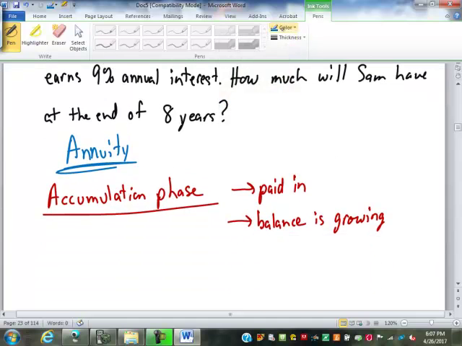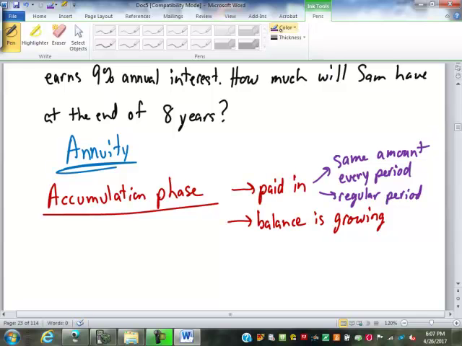The amount that is paid in is the same amount every period, and there are regular periods. In an annuity, it is compound interest.